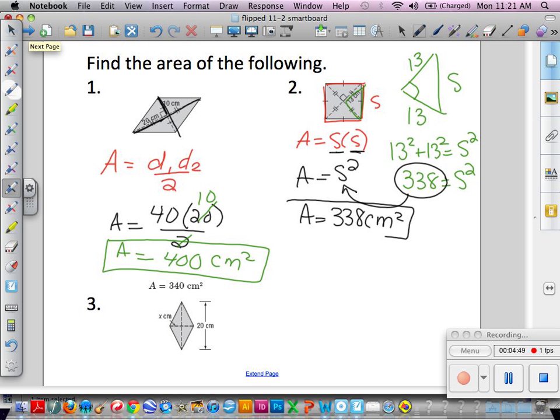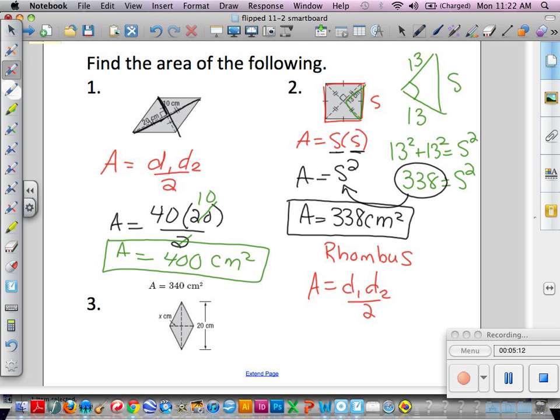There is also another way to solve this problem, people. Squares are also considered a rhombus. So you could also use your rhombus formula. Area equals diagonal 1 times diagonal 2 divided by 2.